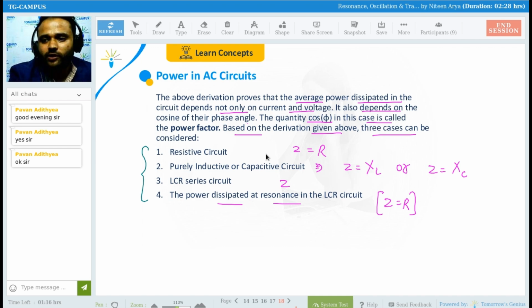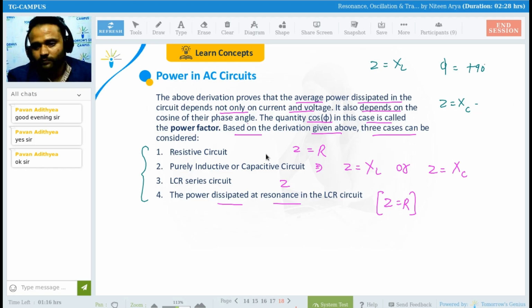For each particular phi, when Z is going to be XL, phi is going to be positive 90 degrees. When Z is going to be XC, phi is going to be negative 90 degrees. What is the meaning of saying that?